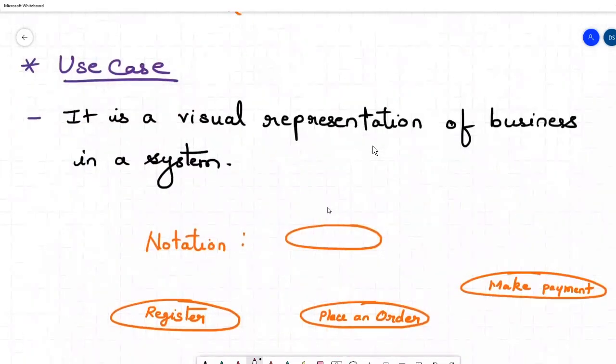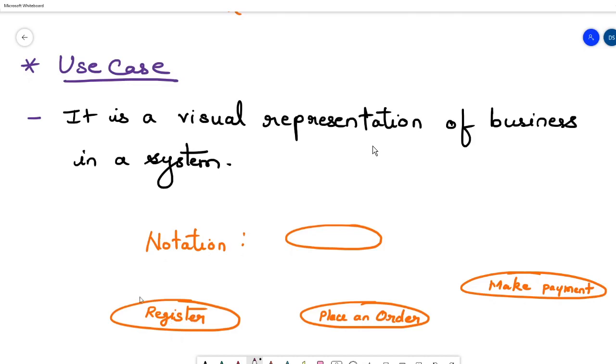Now, about the use case. A use case is represented with this oval shape, and it usually represents a process. It is the visual representation of a business process or function going on in that particular system.